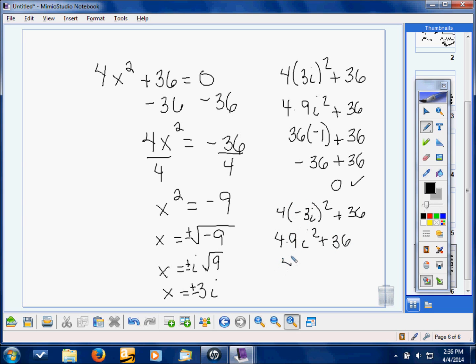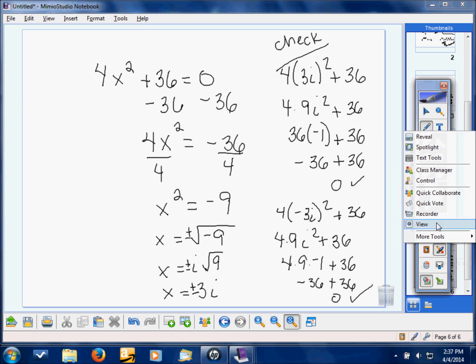So this is 4 times 9 times -1 plus 36, which comes out to be -36 plus 36, which is 0. Check. Both of the solutions check. There are really two separate solutions here with a plus minus. Kyle said, how do you check it? So this is how you check it. Plug it back in and make sure it works.